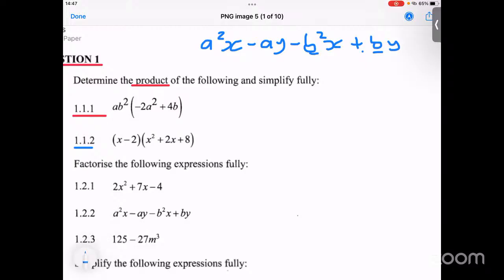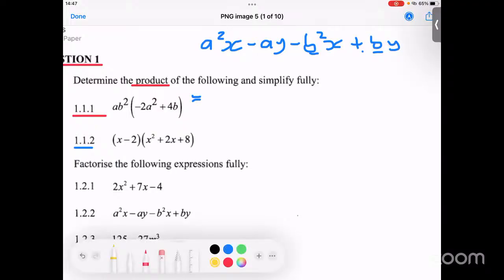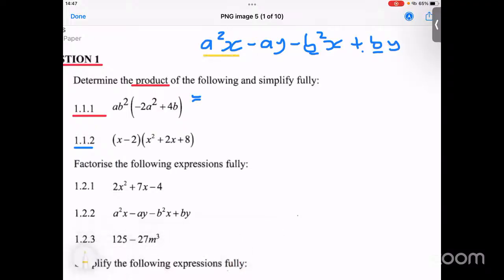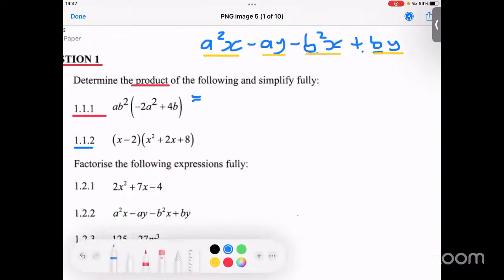Okay, then it's fine. The other way to approach it is to rearrange. What do I mean by rearrange? You see this a squared and that, put it closer to that one of b squared and also having x there. And then this one, put it closer to that one. So in other words, we rearrange.